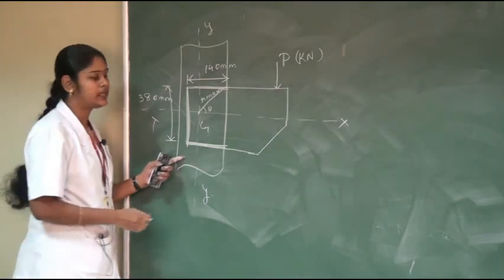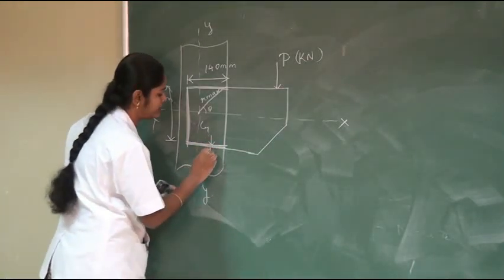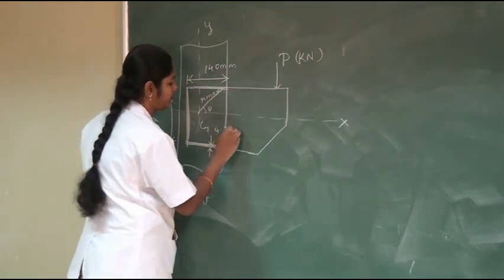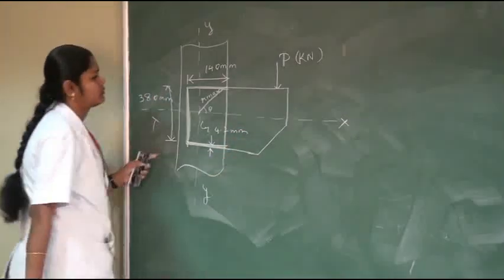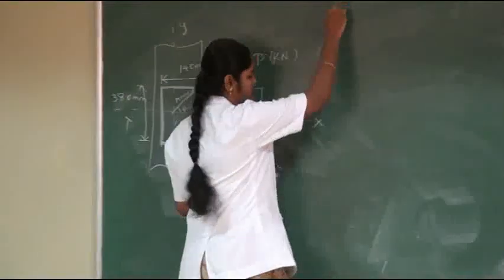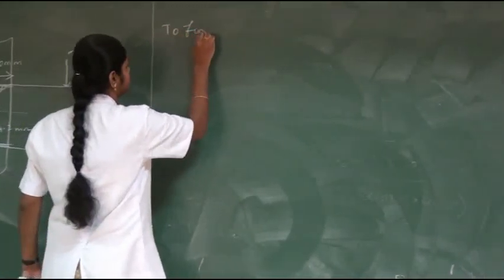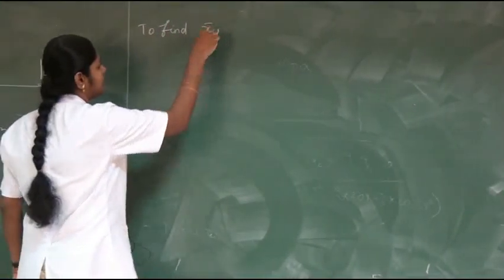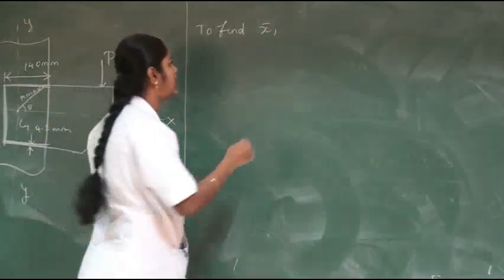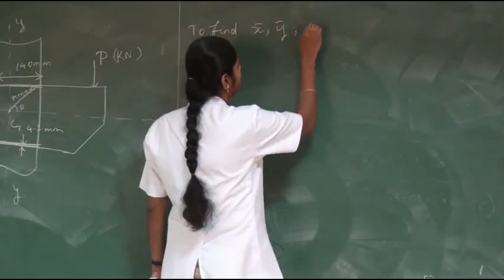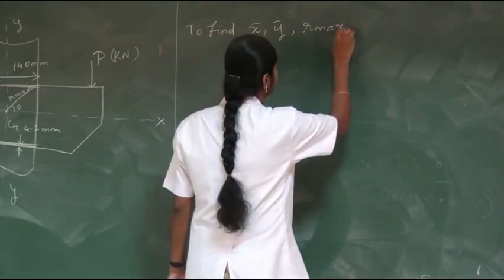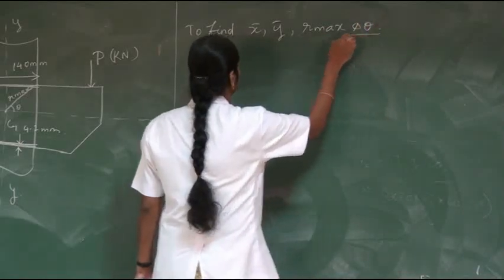Here the thickness of the weld is 4.2 mm. First we are going to find X bar, then Y bar, R max and theta.